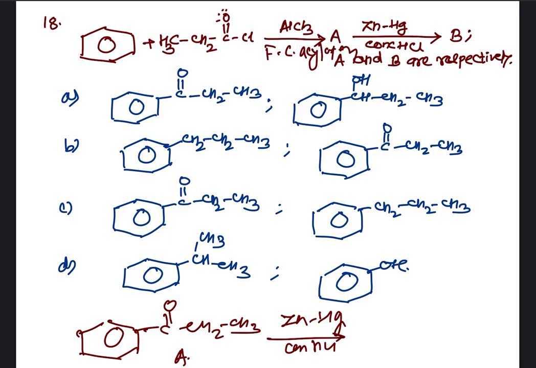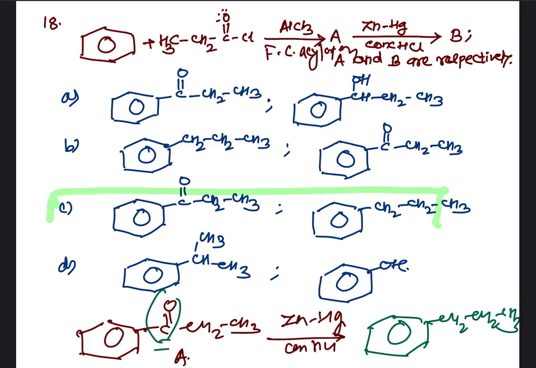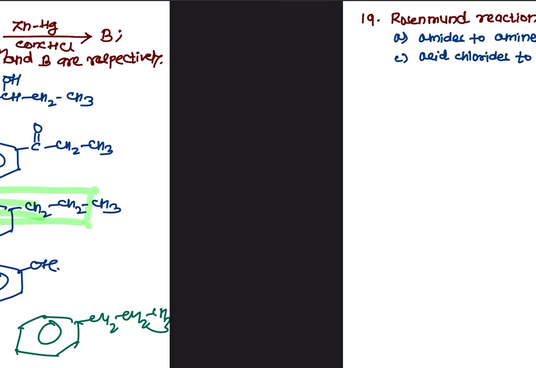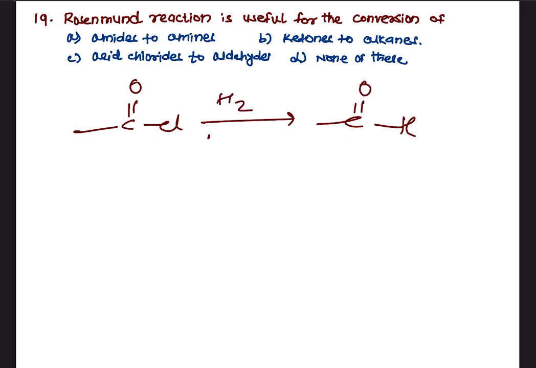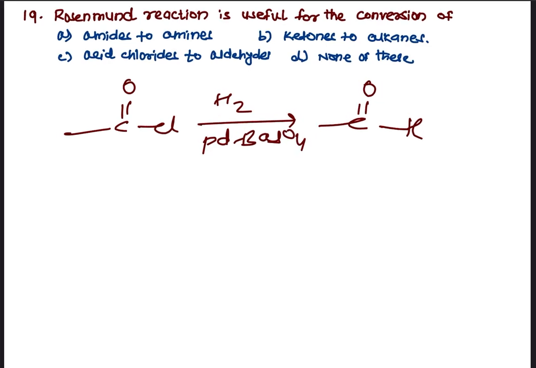And we know that in a Clemmensen reduction, the carbonyl group converts into CH2, that is, n-propyl benzene. And the answer is C. Next, the Rosenmund reaction is useful for the conversion of, as we have just seen, acid chloride into aldehyde. Addition of hydrogen in the presence of palladium and barium sulfate. So acid chloride to aldehyde, this is the right answer.